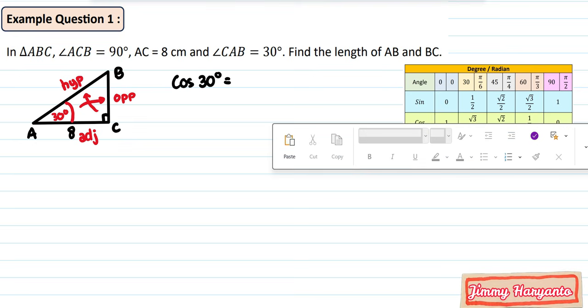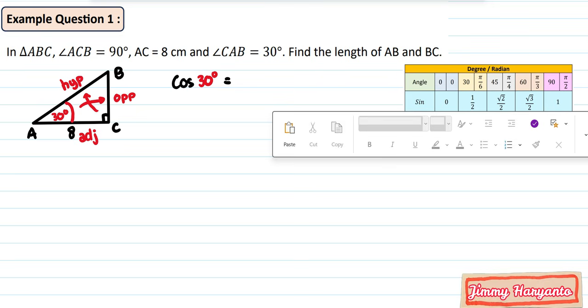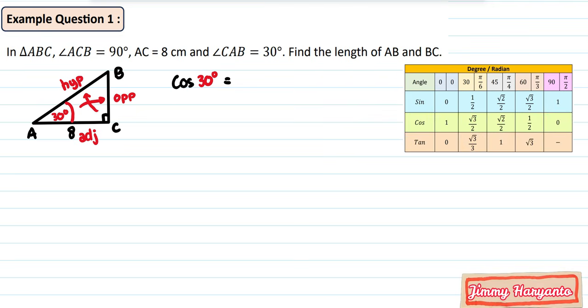Because the angle is given, you cannot write cos theta anymore. The formula of cos is adjacent over hypotenuse, and the value of cos 30 can be seen in the table. It's square root of 3 over 2, so you can replace it. The adjacent is 8, the hypotenuse is unknown.